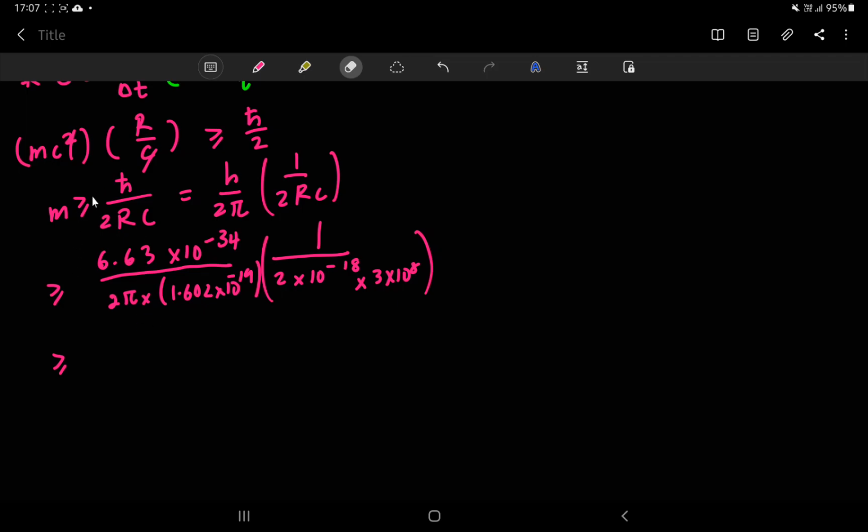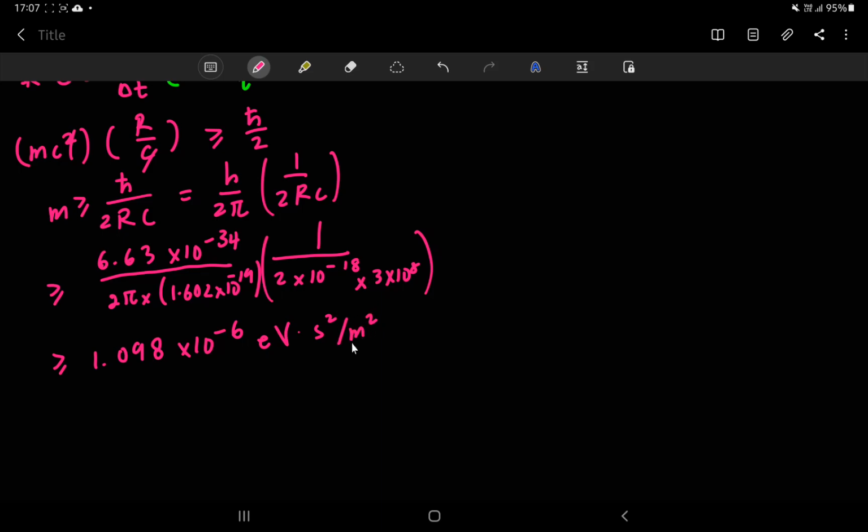So I get about 1.0977, maybe 1.098 times 10 to the minus 6. So this is in the unit of electron volt second square over meter square.